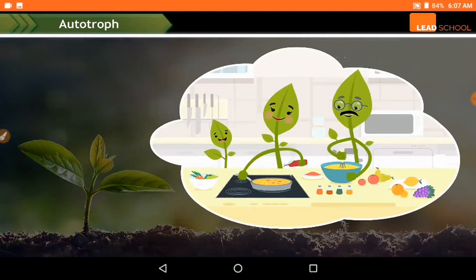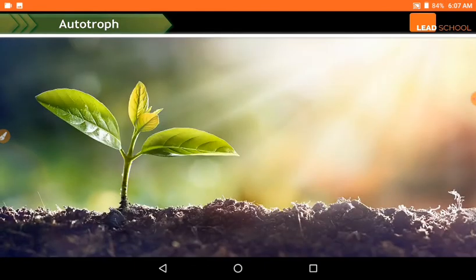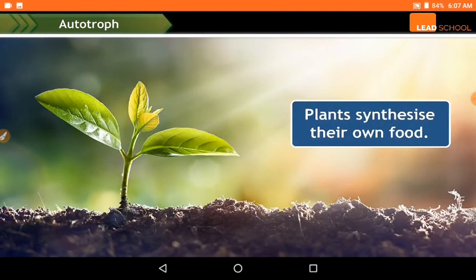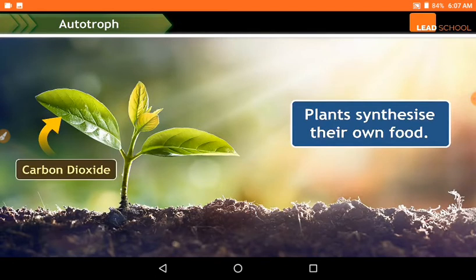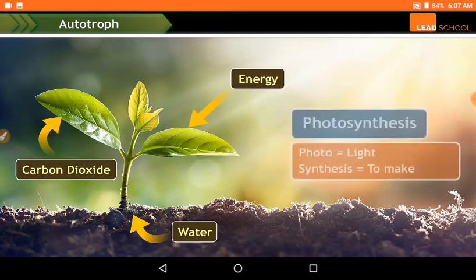How do they do this? Do they make their food the way our parents cook in the kitchen? No. What they do is they synthesize their own food using carbon dioxide from the air, water from the soil, and energy from the sun. This process is called photosynthesis.